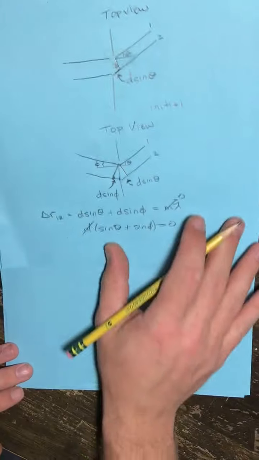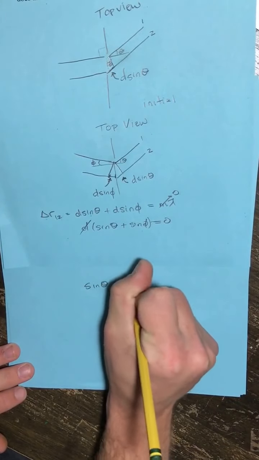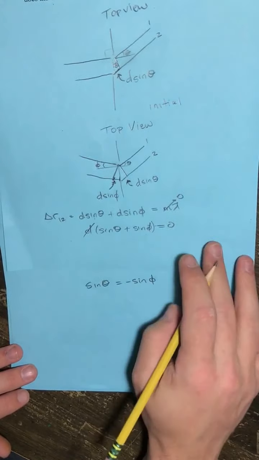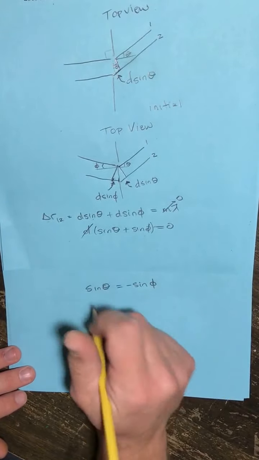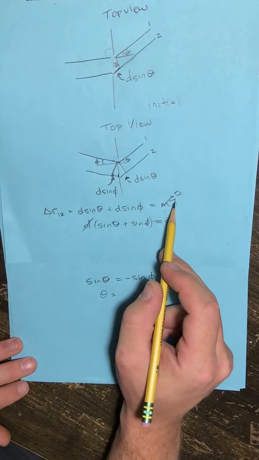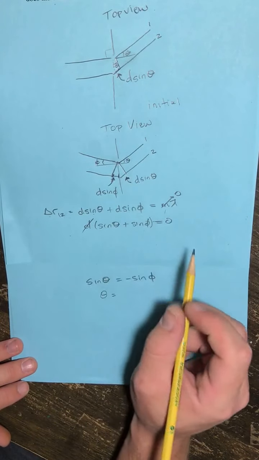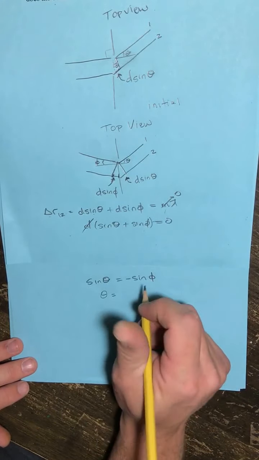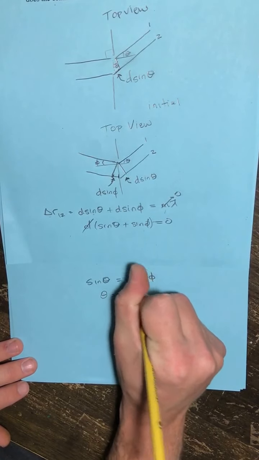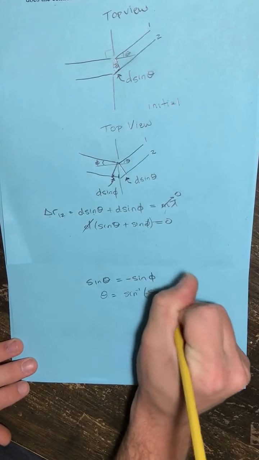So this condition is going to be met when the sine of theta is equal to minus the sine of phi, and this is what defines our angle theta. So our angle theta for the central maximum, which is when the path length difference between wave 1 and wave 2 is 0, is going to be equal to the sine inverse of minus the sine of phi.